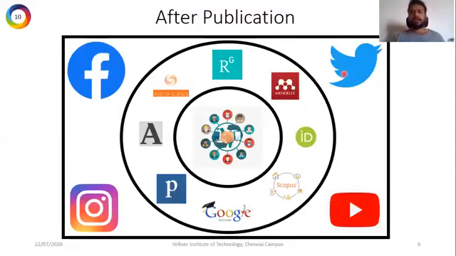Moving on, to gain even more international or global reach, we can try to promote our paper on famous social media like Facebook, Twitter, Instagram. This will ensure that you have a better reach for your articles.